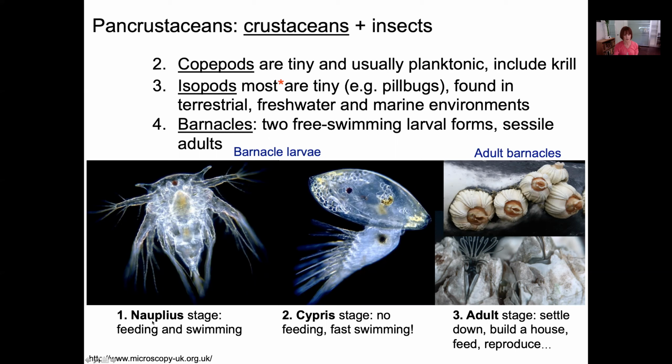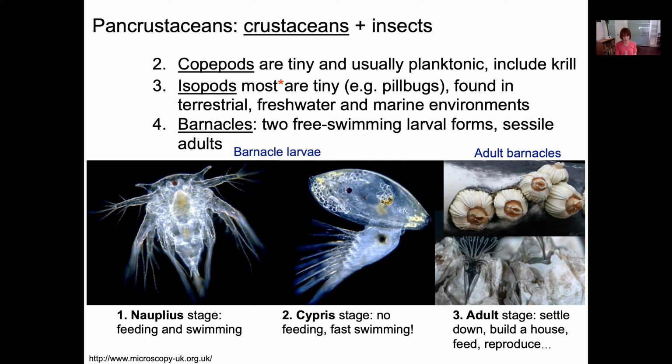And so they have this first stage called nauplius, and this is a form that's feeding and swimming around. And then they have this form called cyprid, that these are all really tiny, right? But they're kind of beautiful because their job in this life stage is basically to find a place to settle down and stay there.